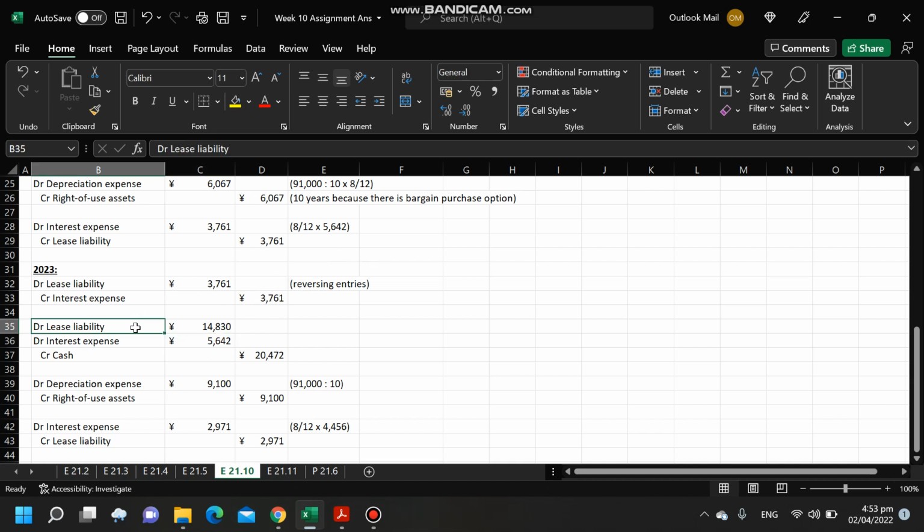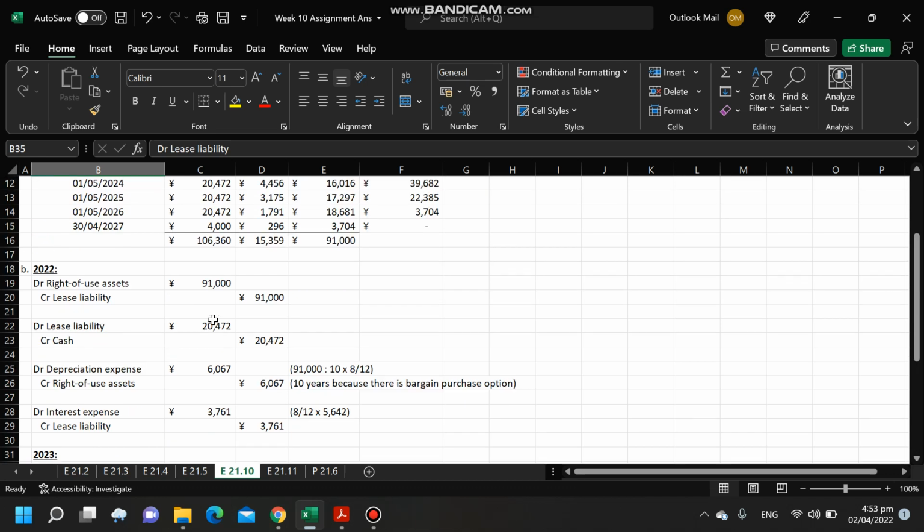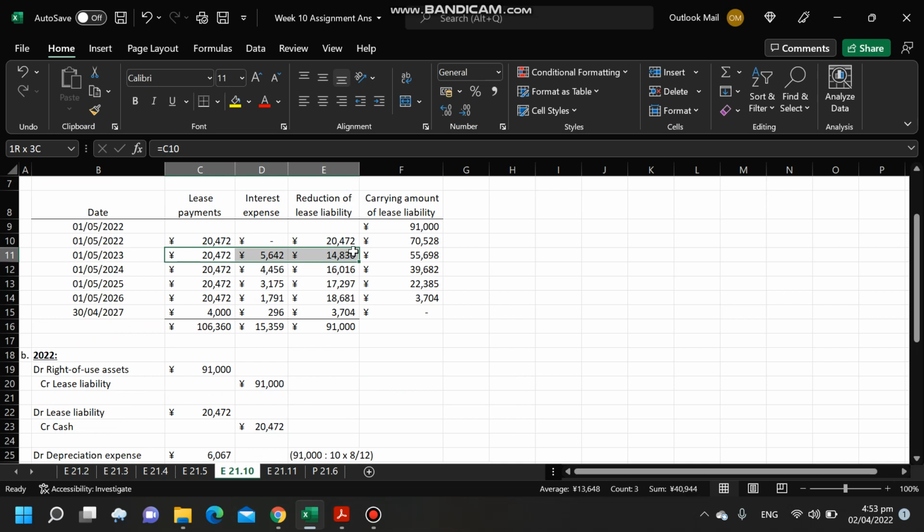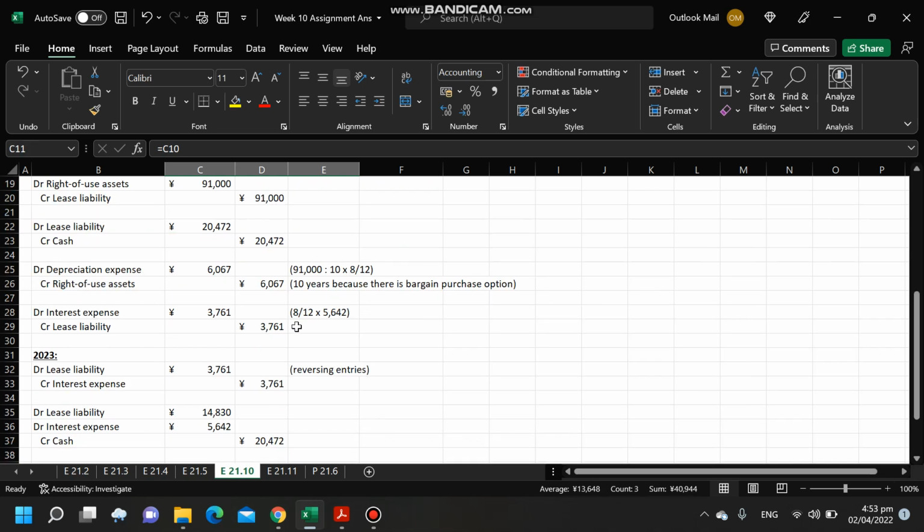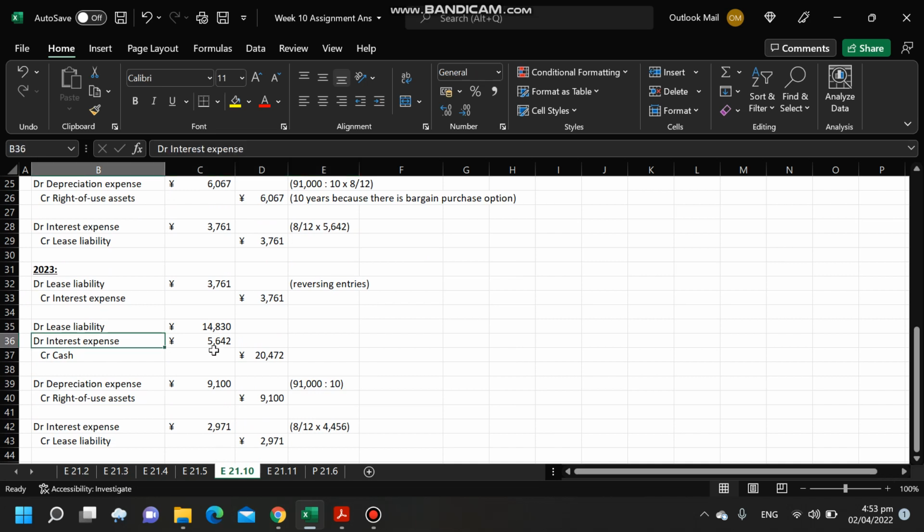So at the payment, you will debit lease liability. Just look at this row. Debit lease liability 14,830, and then debit interest expense 5,642, and then credit cash 20,472.